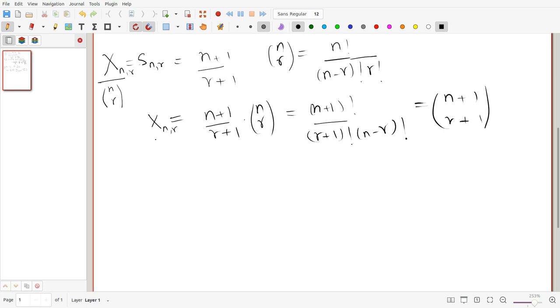Okay, so then this on the left hand side is a sum of numbers. And what is the thing on the right hand side? The thing on the right hand side just seems to be the number of ways I could choose r plus 1 distinct things from n plus 1 distinct things. So the right hand side seems to be something that results as an outcome of counting.